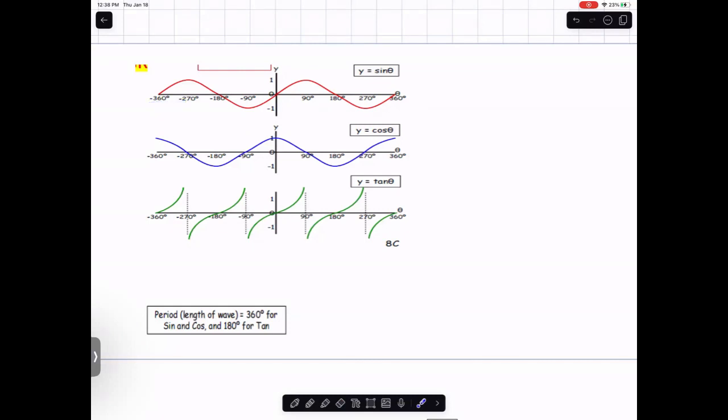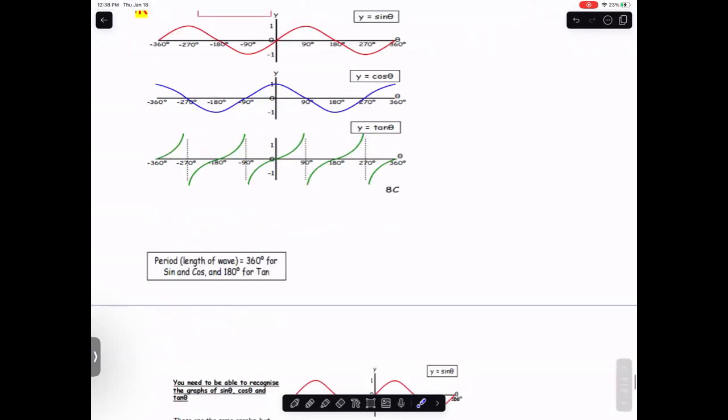Then for our tan, the period of our wavelength is what? 180 degrees. So take note of that.